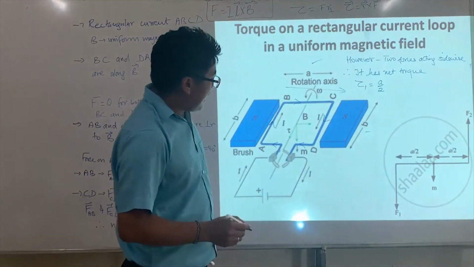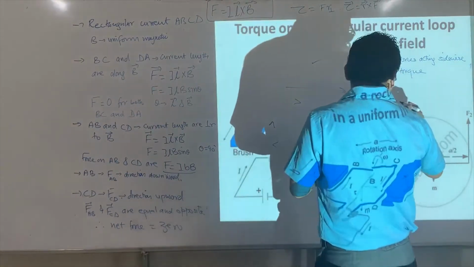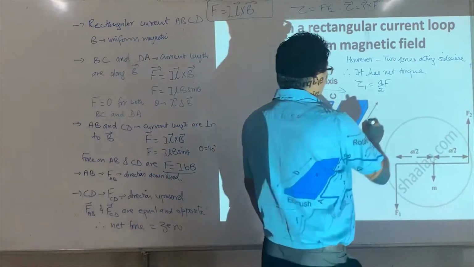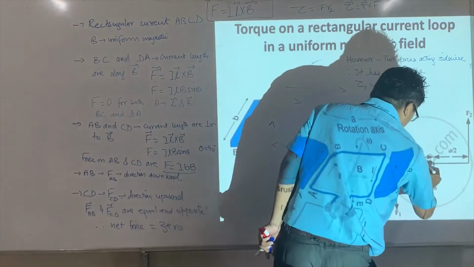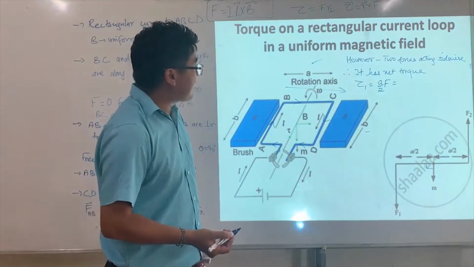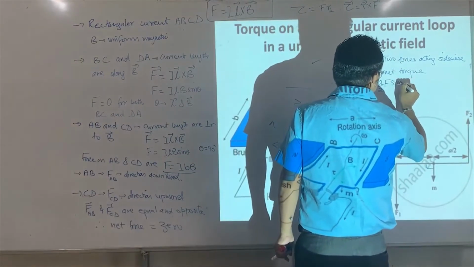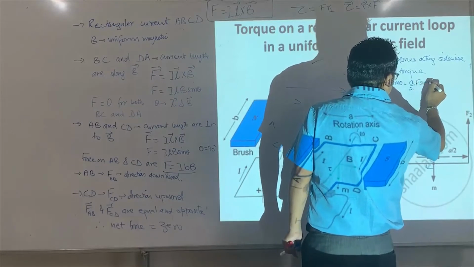And then force is going to be F. Since this is 90 degrees, look at here, sine 90 is going to be 1. This is torque equals a by 2 F sine theta, so a by 2 F sine 90.